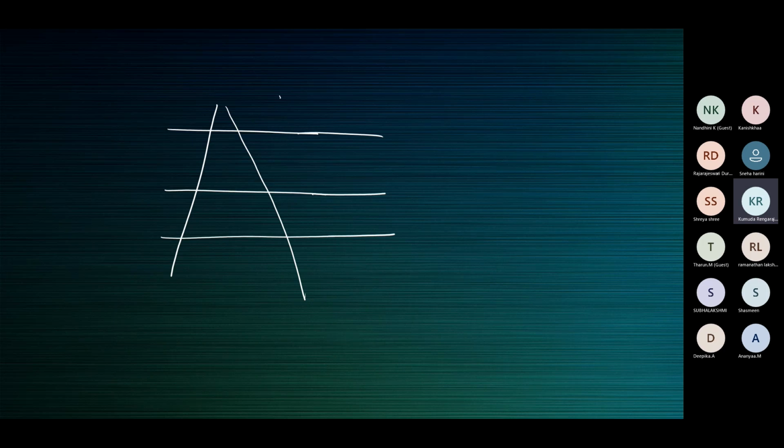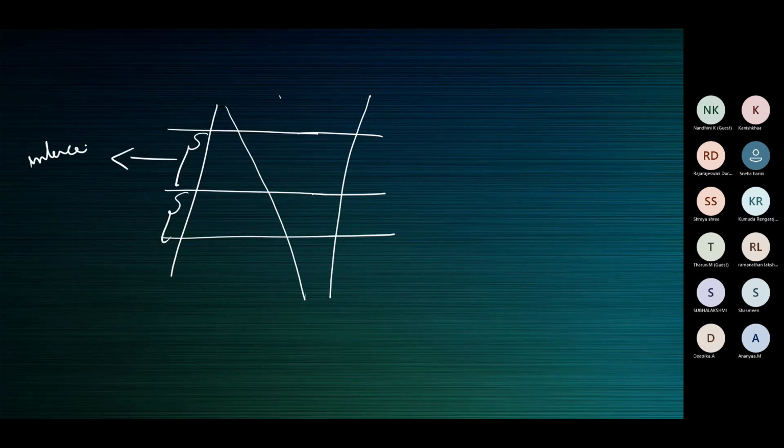Here 3 parallel lines are intersected by 2, 3 or more transversals. The ratio of the intercepts on any one transversal, supposing here the ratio is 3 by 4, will be the same on any other transversal as well.